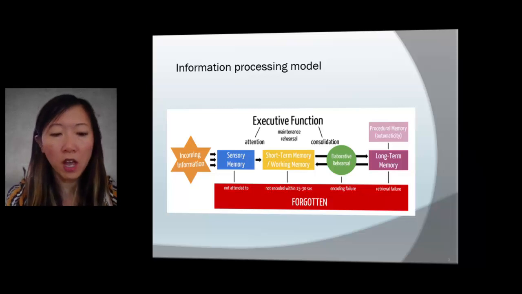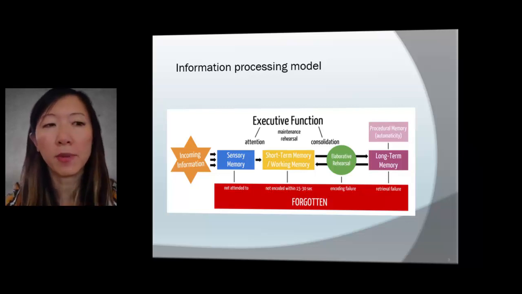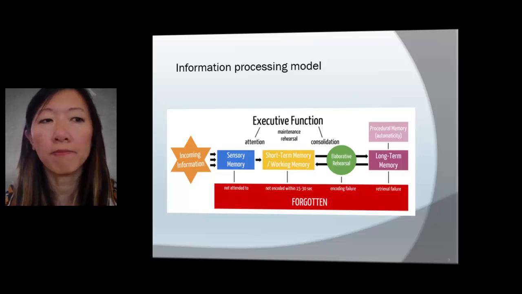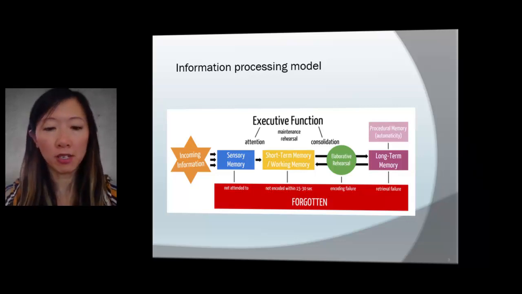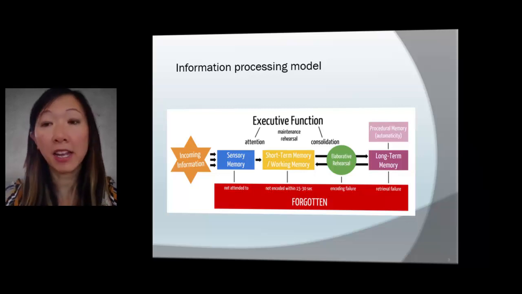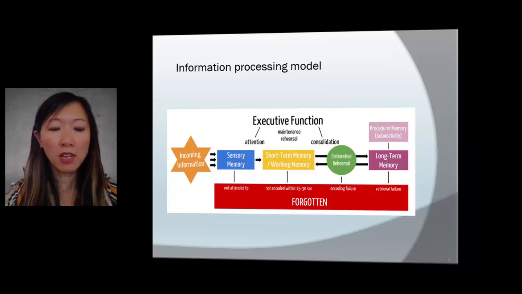There are about 11 million bytes of information coming in per second into our sensory memory. If we decide to pay attention to some of that, and it's usually something meaningful to us, then it will move into our short-term or working memory.